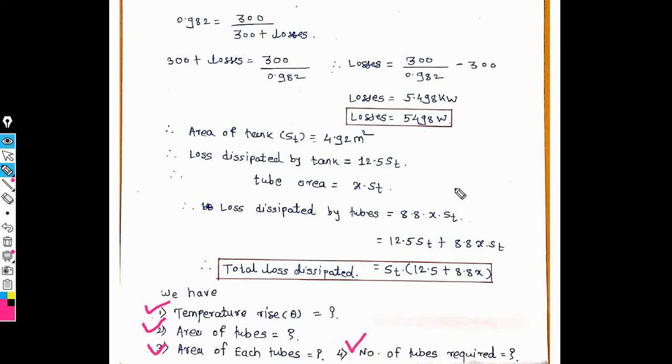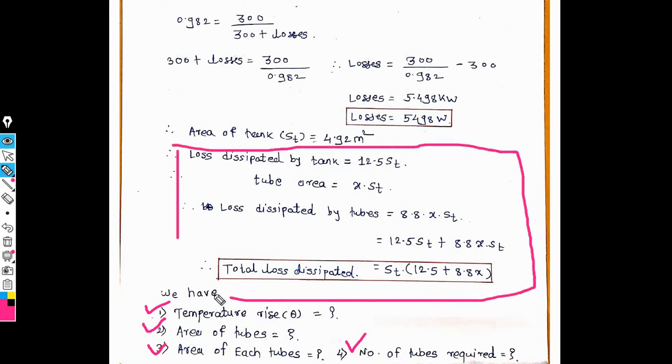This is the already given data in your problem. First we have to calculate losses, then the total loss dissipated, then the temperature rise theta, then the area of tubes, then the area of each tube, and the number of tubes required.